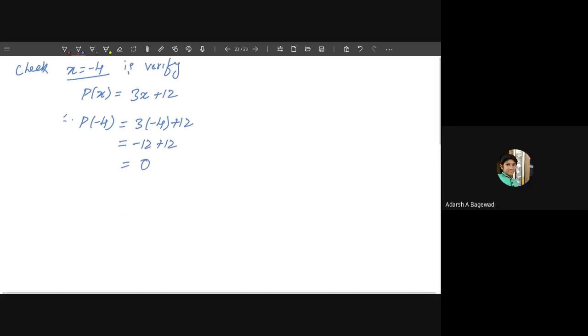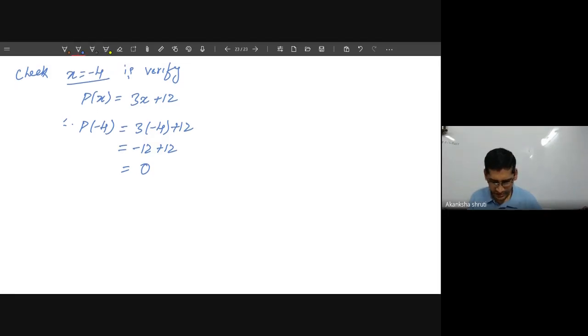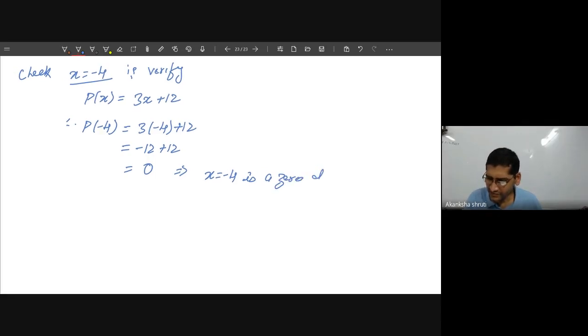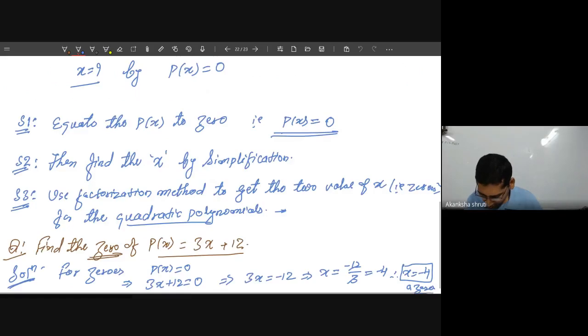Here again we are getting this as 0. Do not talk among yourself. So this also verifies that x equals to minus 4 is a 0 of px. But how we have calculated? For calculating, we have to equate the given polynomial with 0. Then we have to calculate the value of that unknown variable. That will give us the 0 of that polynomial.